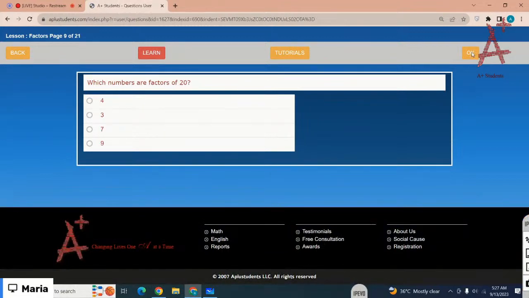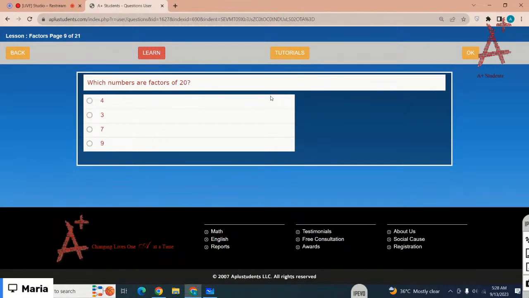Which number is a factor of 20? Yes, 4 is a factor of 20.